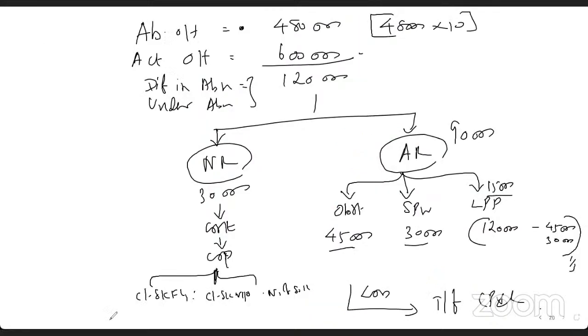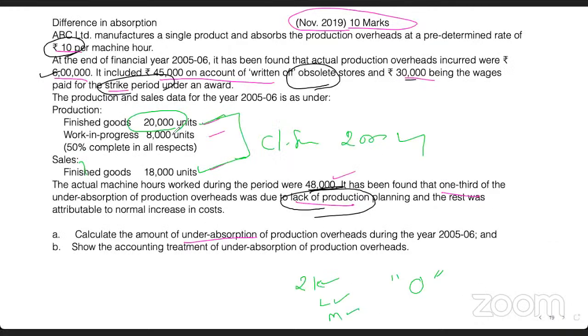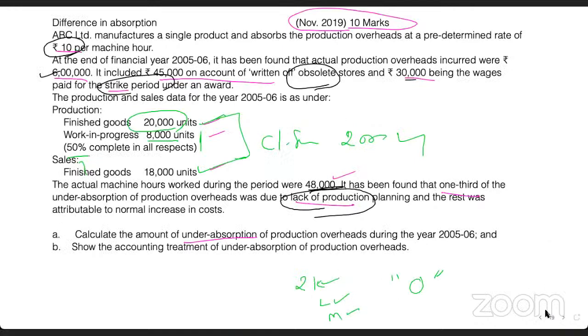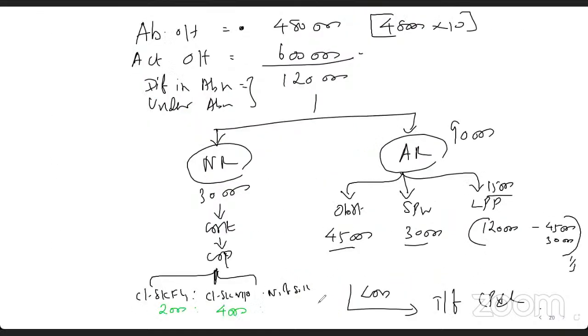So finished goods 2,000 quantity. WIP in equivalent production, 8,000 quantity, 50% completion. Then how much do you have to take for WIP? Process cost equivalent production. 50% of 8,000, 4,000. Number of units sold given in this question, that is 18,000.